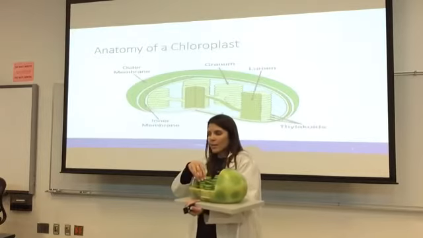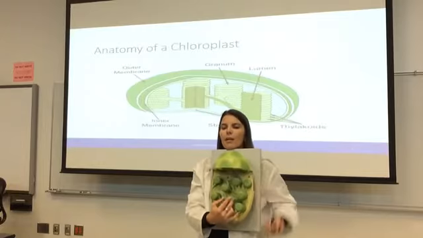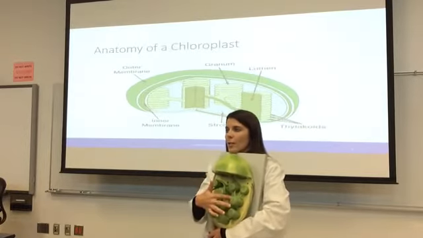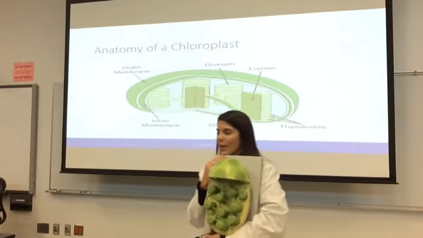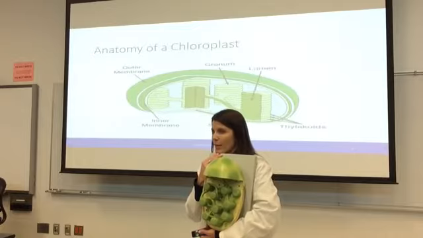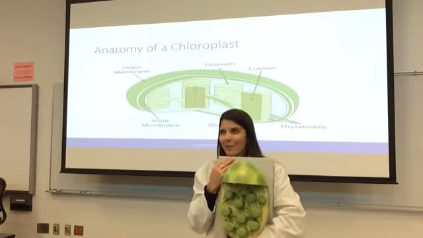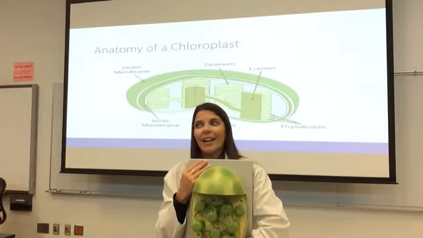Each of these thylakoids is interconnected. They have these little bridges. These bridges are called lamella, and that is spelled L-A-M, I'm going to spell this E-L-E-A.